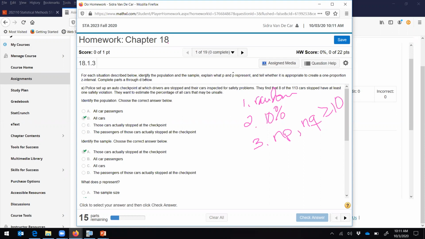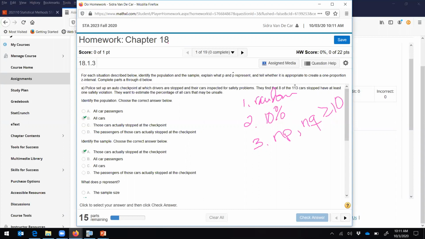In other words, we haven't chosen something really weird. Like if I wanted to estimate the percentage of cars here in Orlando that had safety problems, I wouldn't want to put my checkpoint out in Christmas, right? Because that's not going to be representative of vehicles in Orlando, even though it may still be Orange County property. Okay, so as long as I assume that they've chosen a reasonable representation of that, that's fine.